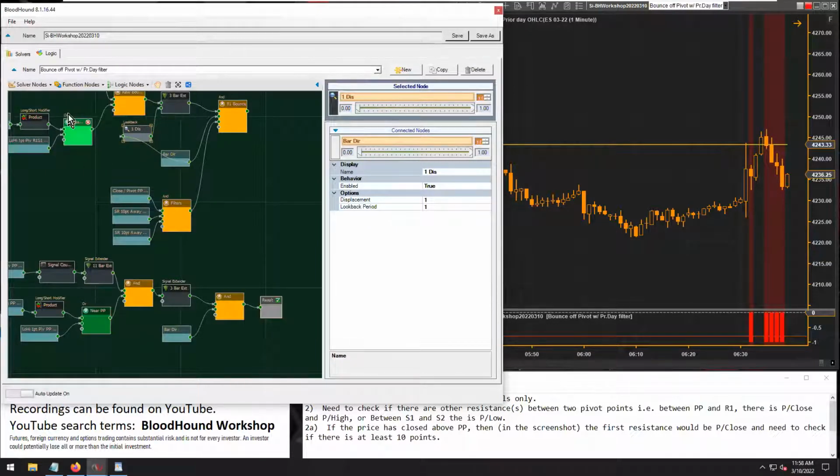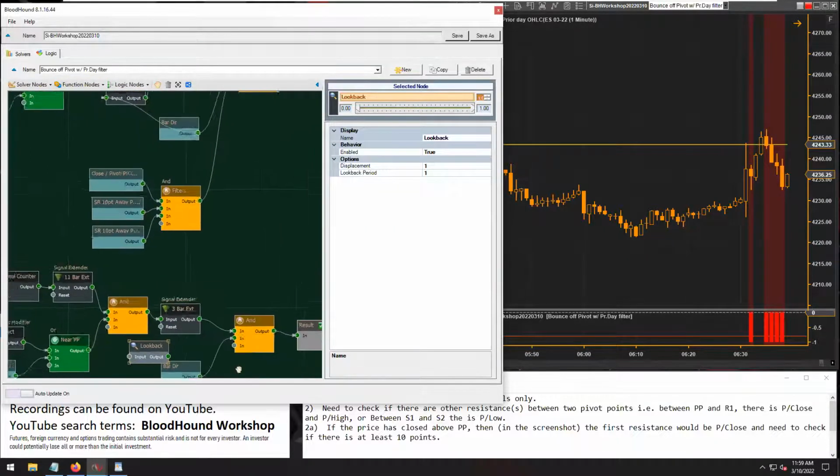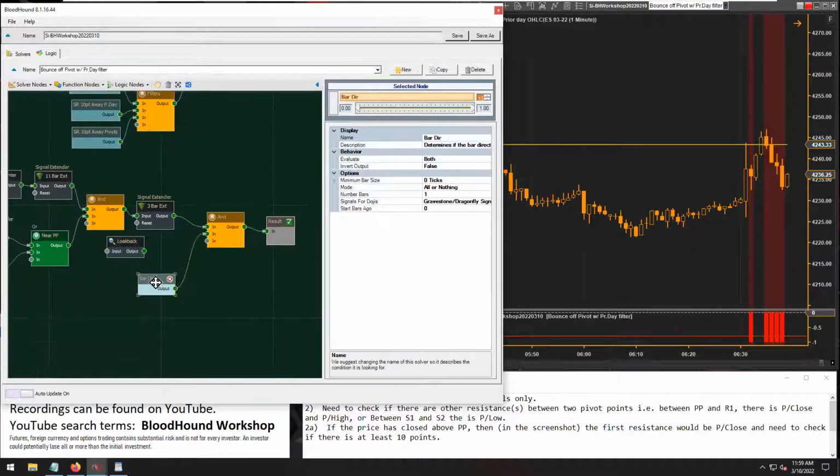All right. So we have our bar direction, and now we need that look back to reset the signal extender. So let's grab another look back node, bring it down there. Let's zoom in a little bit.